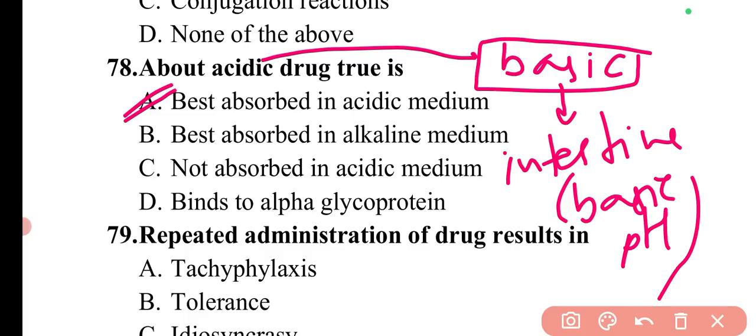With this basic pH, basic drugs will be in unionized form, and in unionized form they will be better absorbed. So basic drugs are best absorbed in the alkaline medium, and acidic drugs are best absorbed in the acidic medium.